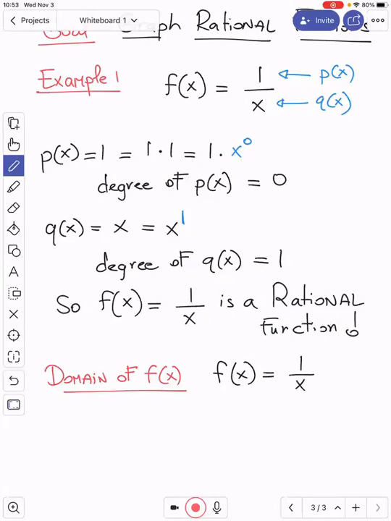All right, so this is a division. So to find the domain, we need to exclude the values where the denominator is 0. Whenever we have a division and we want to find the domain, you're supposed to solve denominator equal to 0.